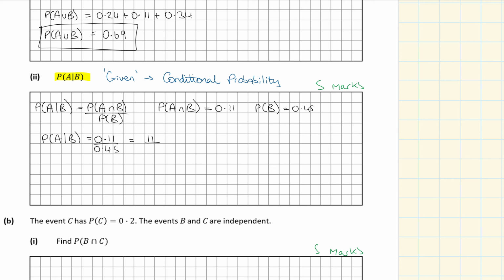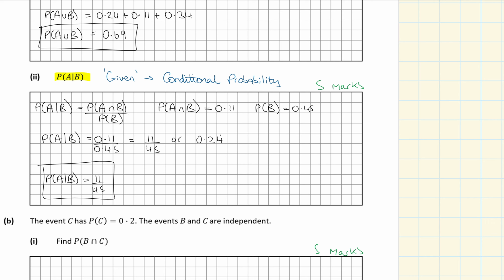That will give us 11 over 45. Or you could write it as a decimal, they don't specify how to give the answer. So the probability of A given B, we'll leave it as a fraction, it's probably a little bit neater that way, is 11 over 45.